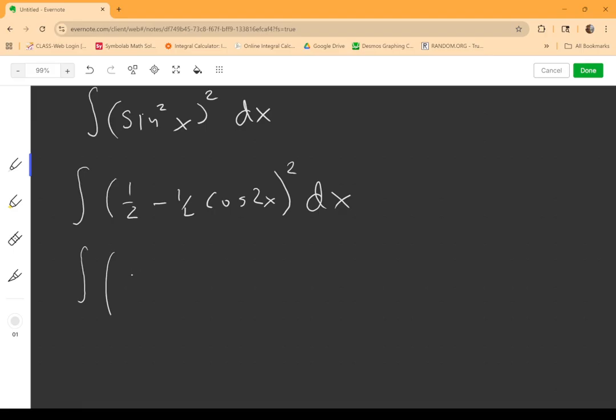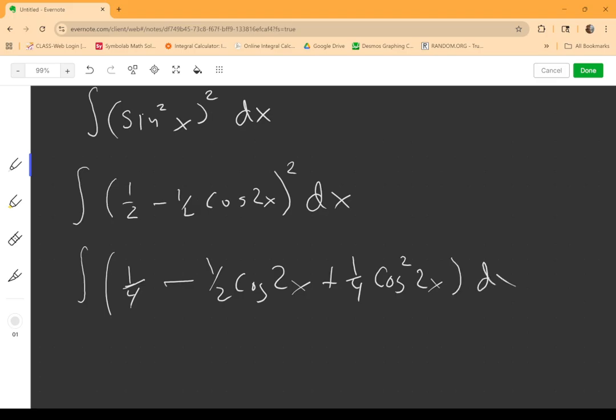So remember, FOIL this out, so we get 1/4, and then 1/4 and 1/4 is, so you get negative 1/2 cosine of 2x. All right, and the last one is plus 1/4 cosine squared of 2x dx.